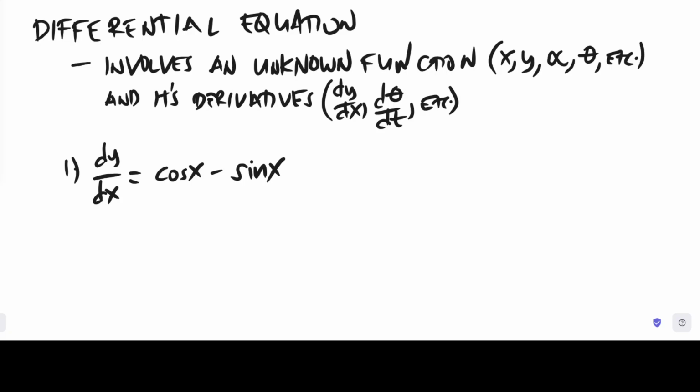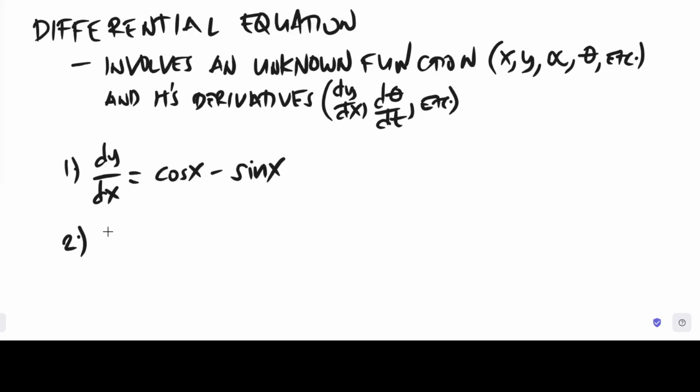So in this example, we have x, an unknown function, and its derivative dx. y is another unknown function, and dy is its derivative. So this is an example of a differential equation.